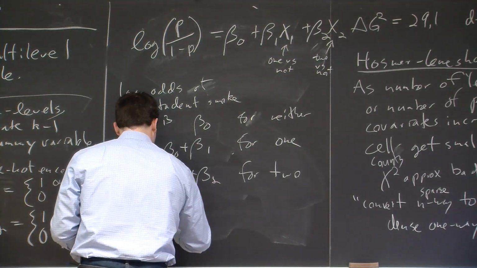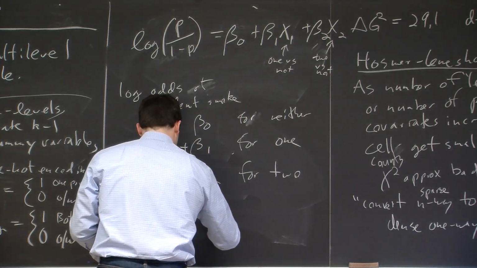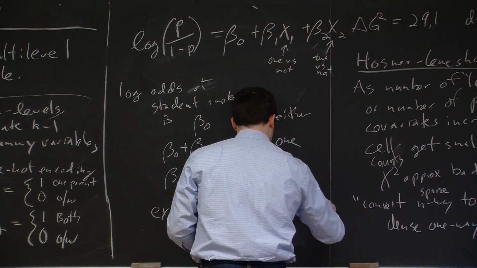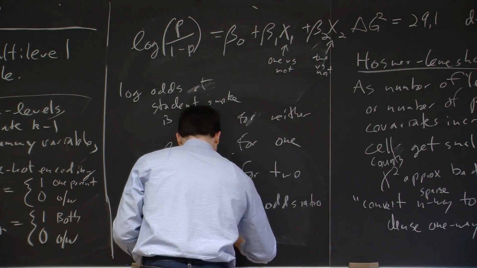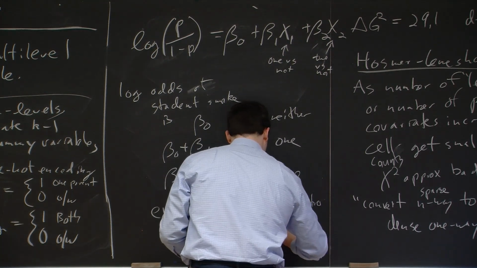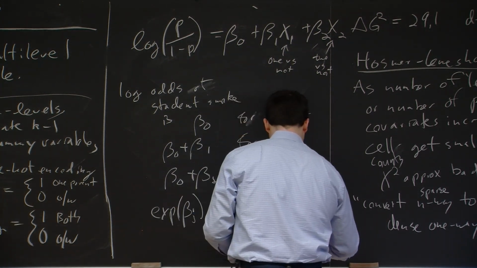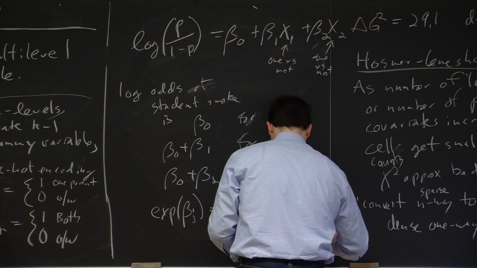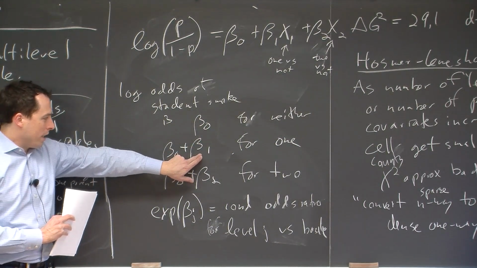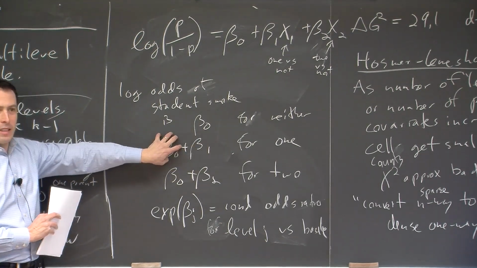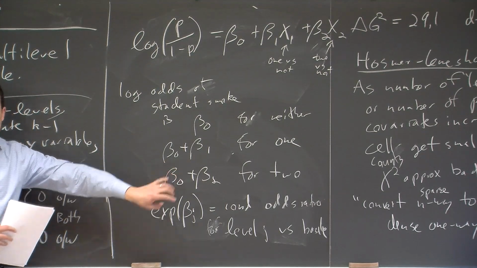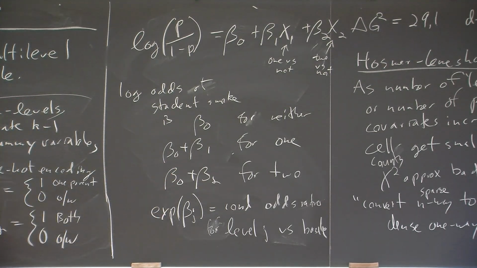And then beta j is the conditional log odds ratio for level j versus baseline. Because these are log odds, e to the beta 1 is the amount that the odds are multiplied over this baseline. e to the beta 2 is the amount that the odds are multiplied over that baseline, over e to the beta 0.